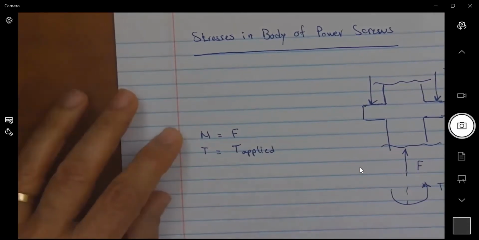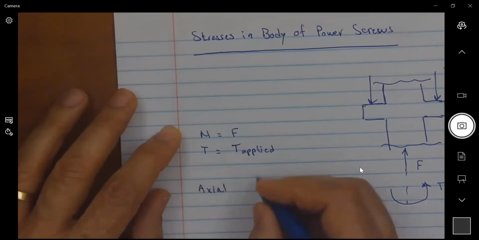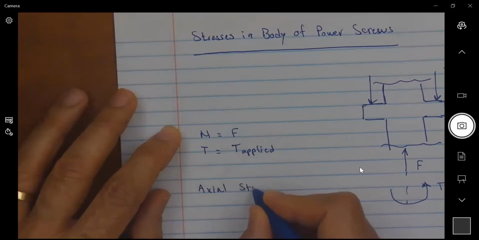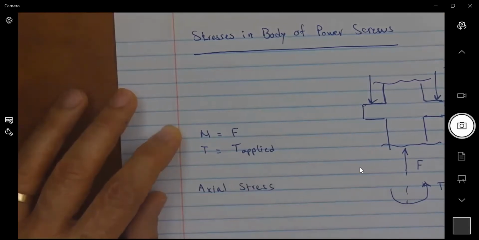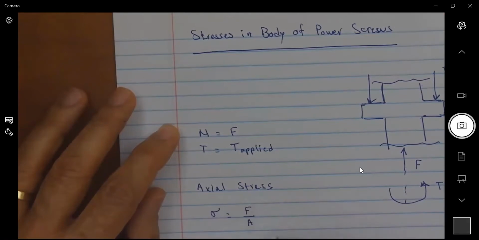The normal force is going to result in an axial stress. And this axial stress, sigma, is going to be equal to the force divided by the area.